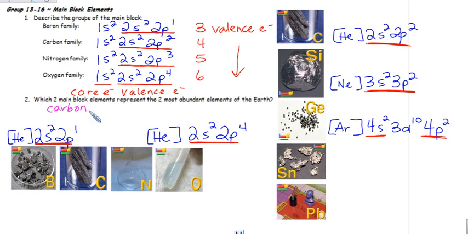We could put oxygen. Silicon is one of the most abundant elements in the Earth. We could even put nitrogen down. Nitrogen is one of the most abundant elements in air. I don't know if we're considering in the Earth or in our atmosphere as well.